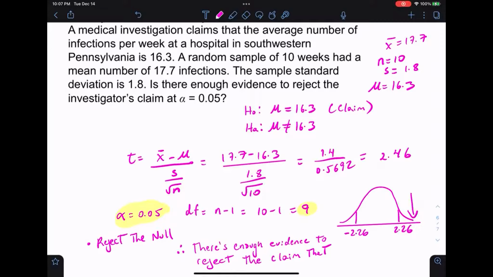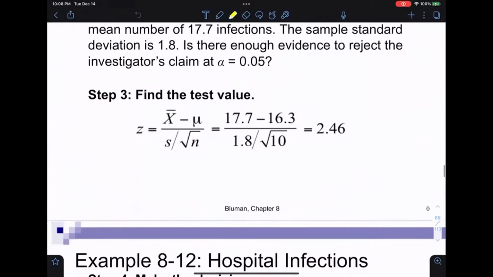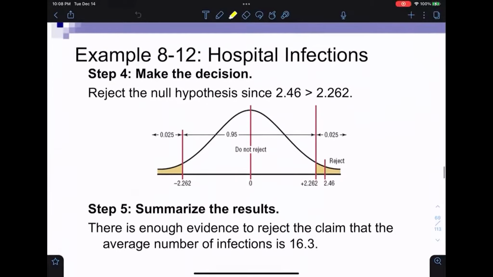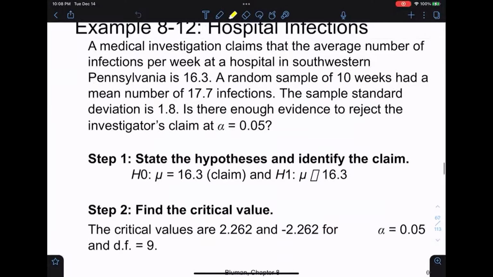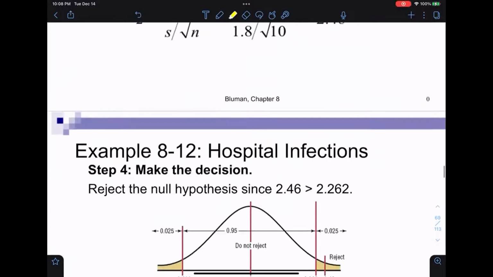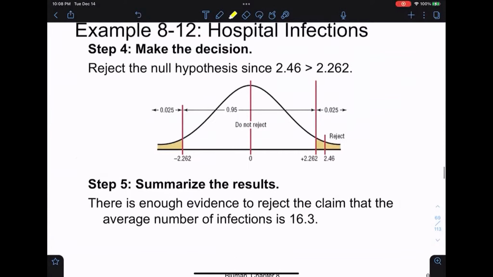So we reject the null hypothesis in this case because our t-test is in the rejection region. Notice that the claim was in the null, so the claim can be in the null too, right? So we said there's enough evidence to reject the claim that the average number of infections is 16.3, right?